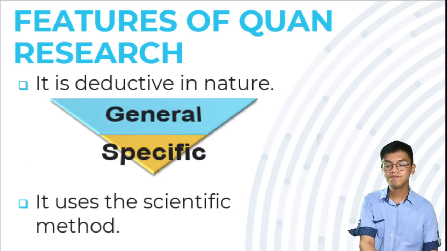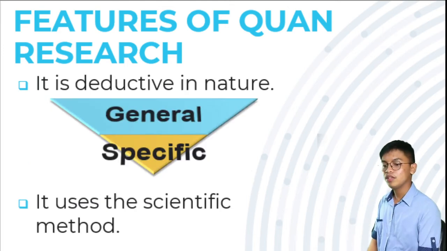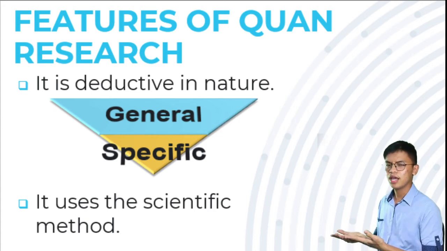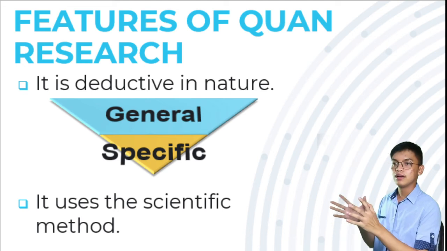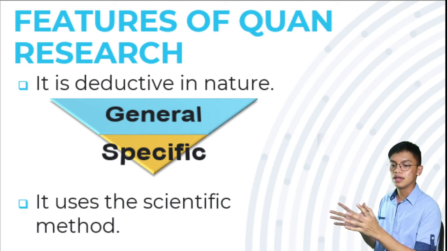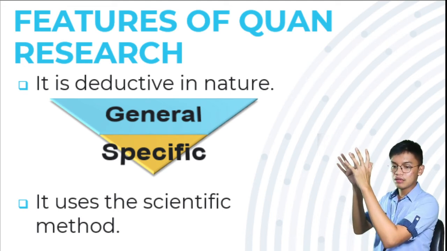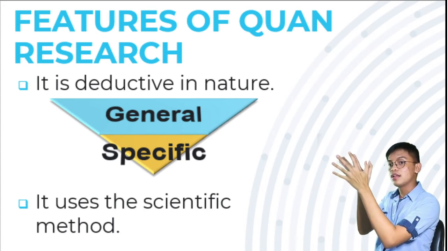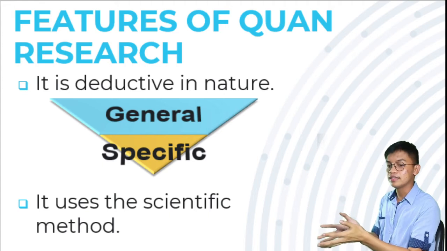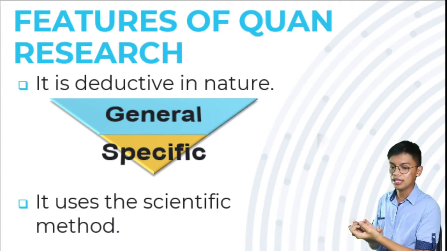And the next one, quantitative research is deductive in nature. When we say deductive in nature, it goes from general to specific. One example is you start first with a theory or a hypothesis, and from that theory or hypothesis, you can now guide your current study, your small study.